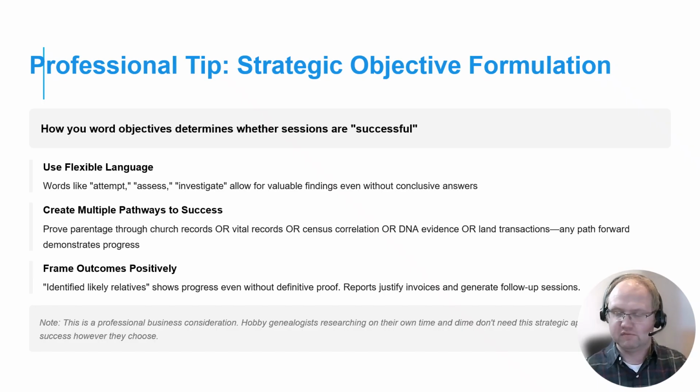It keeps it manageable if you work in chunks of time. It allows you to document your progress and prevent thoughts from getting lost, etc. Anyways, it also helps you frame your outcomes positively.